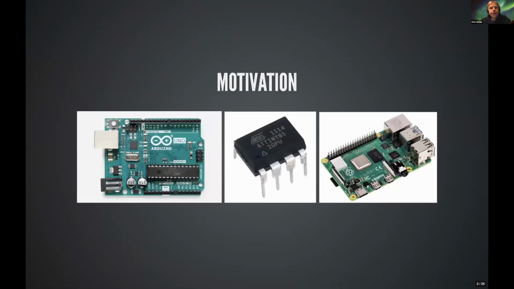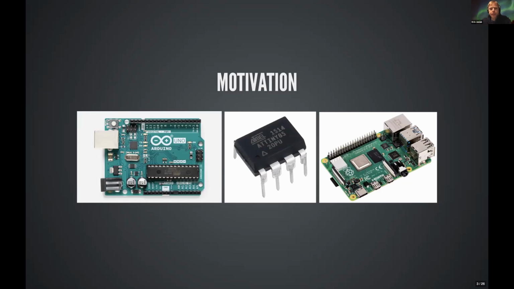So the motivation is, if you like microcontrollers, you would like to do something with them, but you don't want to buy them upfront. You know, they might be expensive. Here you can see Arduino, which is quite an expensive board for what it actually gives.